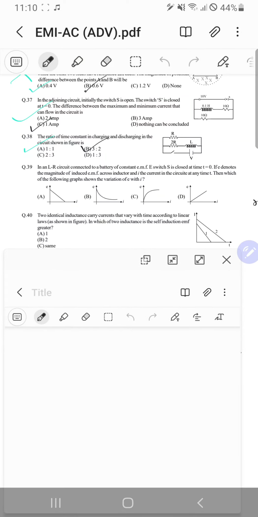Next we have an LR circuit connected to a battery of constant EMF E, and switch S is closed. Let me draw this LR circuit: this is L and R and the constant EMF E. At t equal to 0, it starts working.